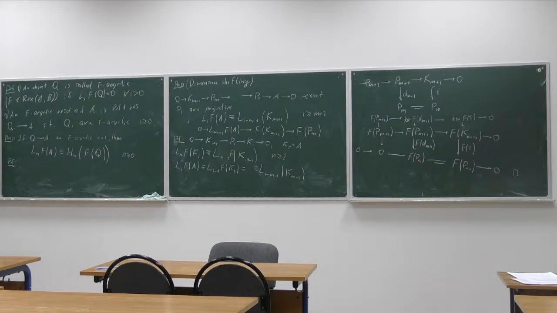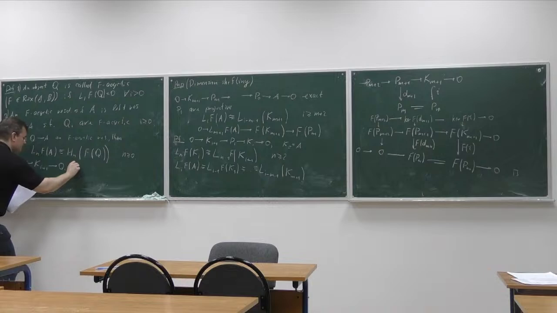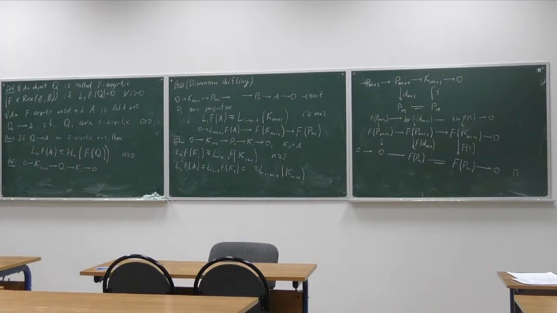The proof is essentially based on the same ideas as the previous proposition. For this acyclic resolution, again, I can form short exact sequences like this. By a little abuse of notation, we can still call these syzygies, but with the non-standard resolution.